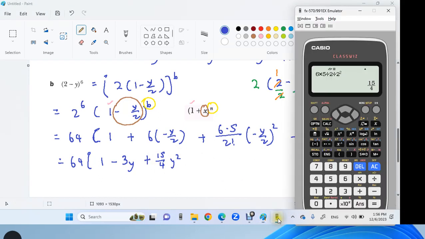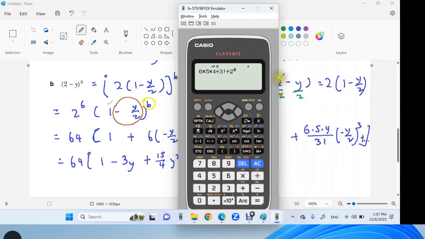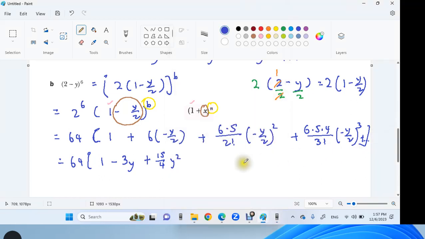And then we have the 6 times 5 times 4 divided by 3 factorial, divided by 2 to the power 3. This is 5 over 2. So it will be minus 5 over 2, with negative 1 to the power 3 giving negative y to the power 3.